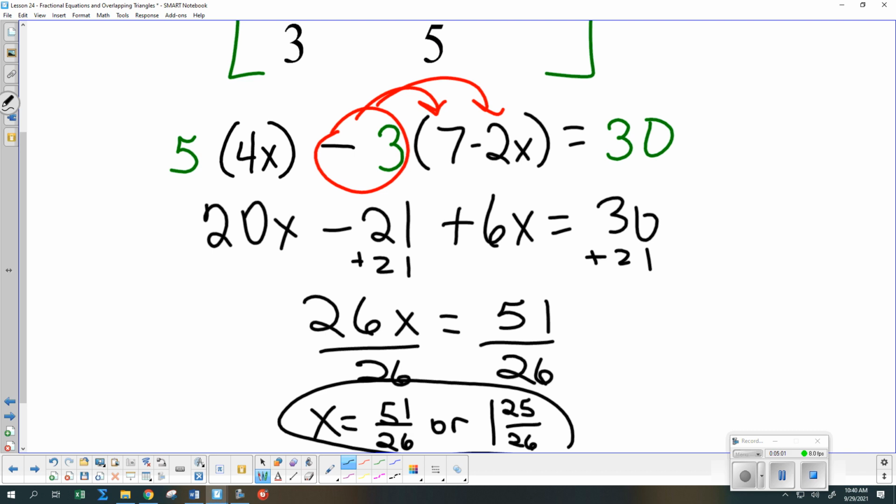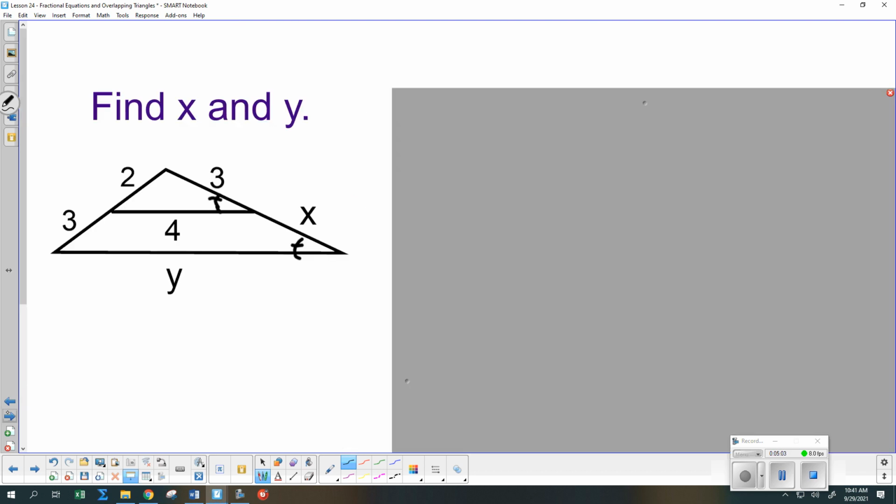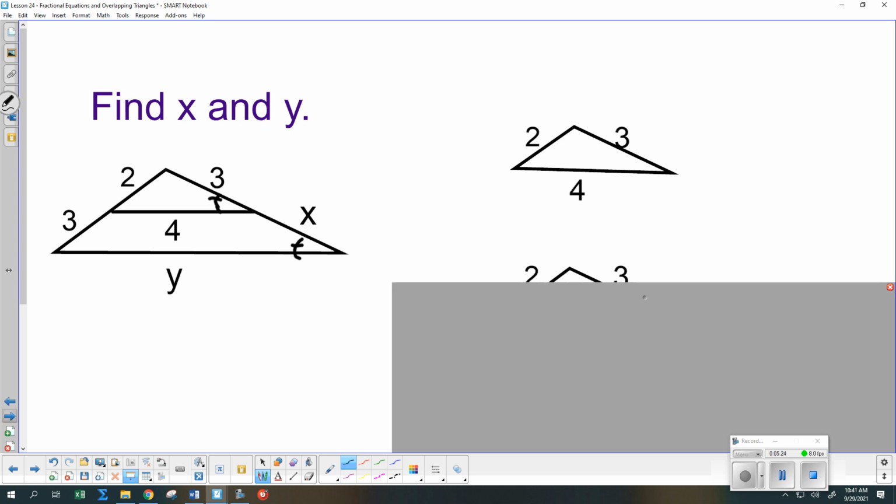All right, let's do geometry. So if you look at this picture, hold up fingers, how many triangles do you see in that picture? And then I'm seeing two hands going up. So everybody sees a small triangle on the top and the big triangle that includes everything. The trick for these, to make it easier for you guys, will be draw them separately.